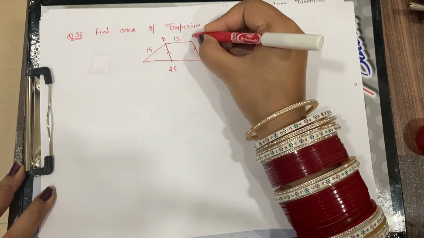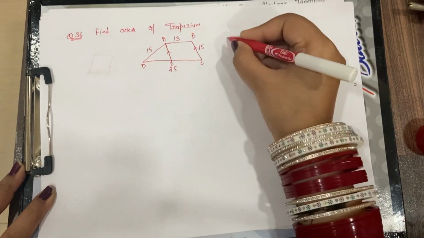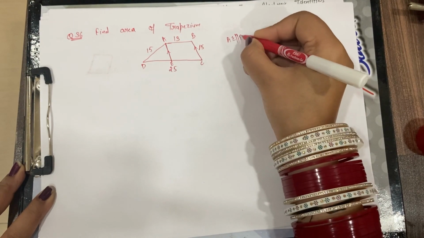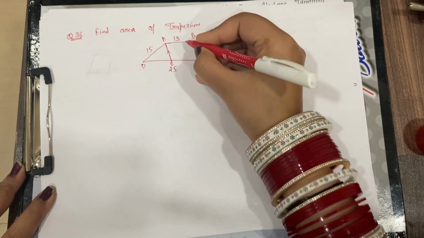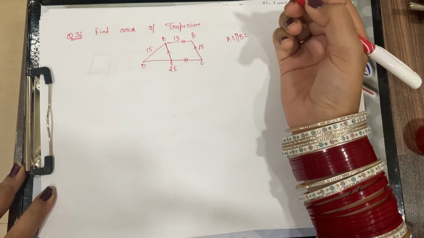Construct a line AE in such a way that AE is parallel to BC. We have constructed it. Now because it is a trapezium, these two were already parallel, because one pair is parallel.